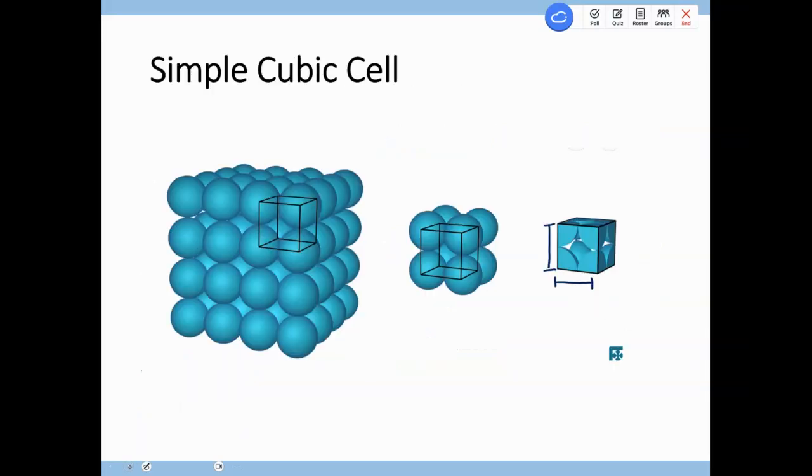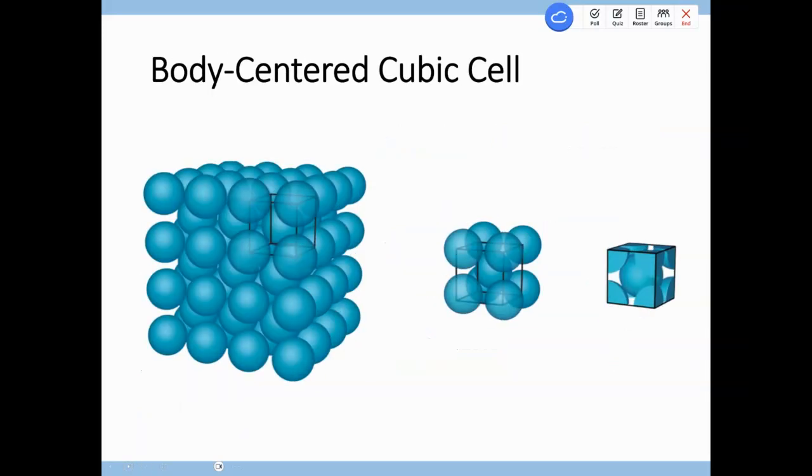If you look ahead 2 slides, this is a body-centered cubic, and you can see now in the larger image, one atom is not directly stacked on top of another. There's an offset atom between the ones that are directly above. So in one unit cell, again, we have 1/8 of an atom at each corner, plus an entire atom in the middle.